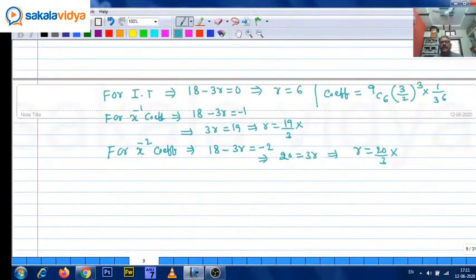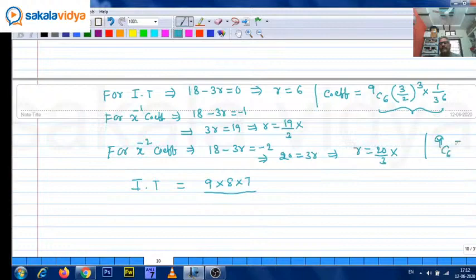Only the independent term we need to find out. The independent term means this we need to simplify. So now the independent term equals 9C6. 9C6 equals 9C3, because 9 minus 6 is 3.